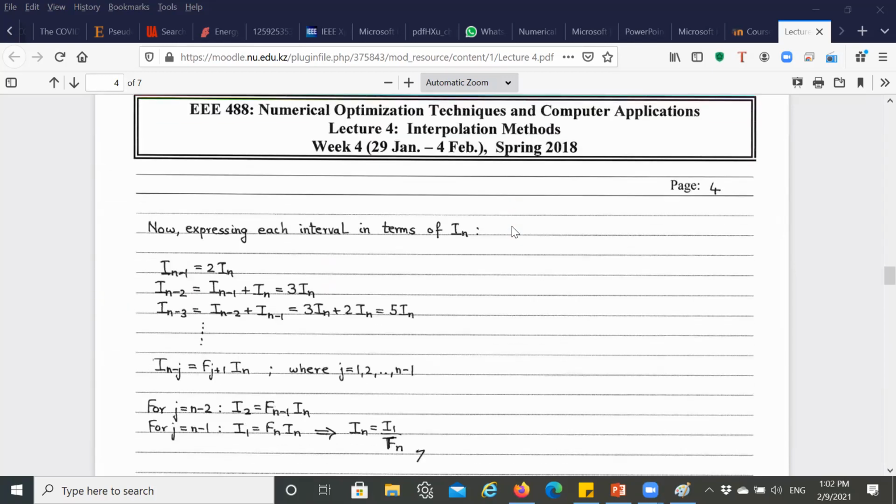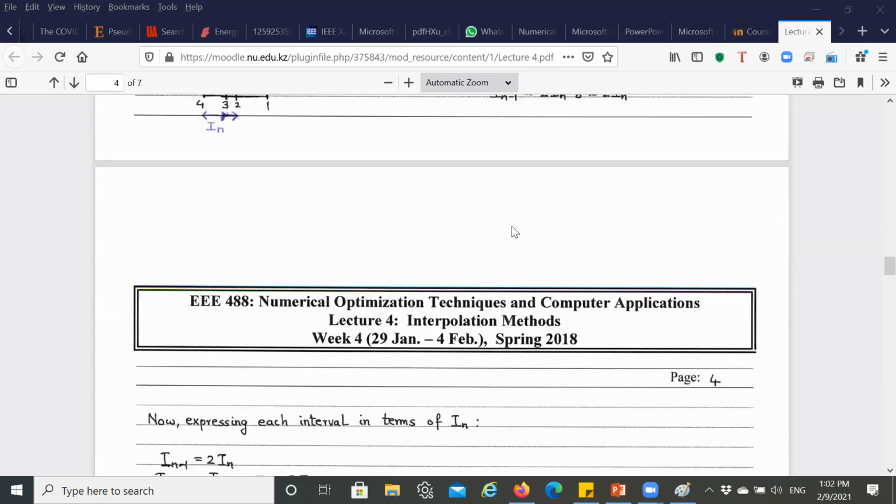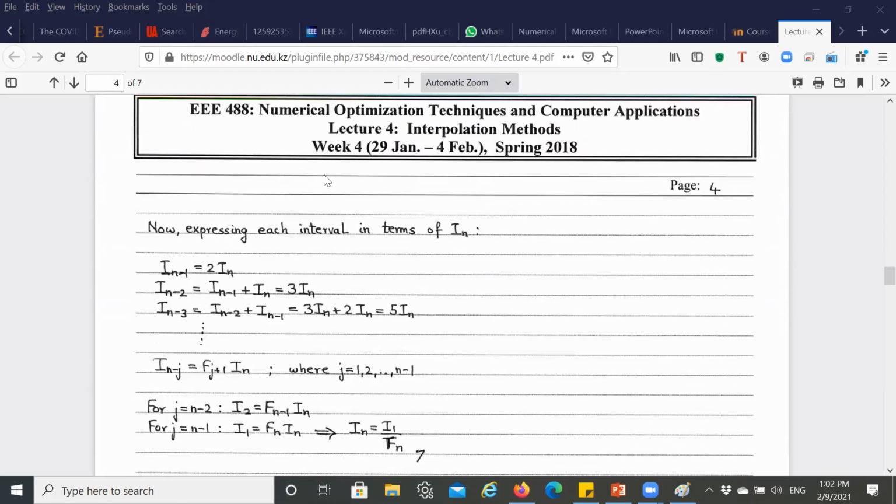And so what you do is you now write it down in the opposite manner, from bottom to top. So for I_{N-1}, you keep doing that until you find the general form, which is that for any j, the length at I_{N-j} would be F_{j+1} times I_N.